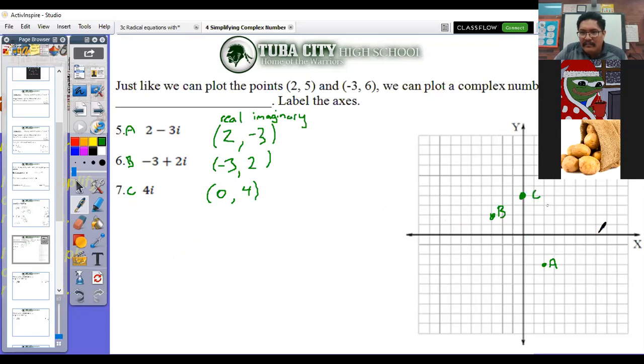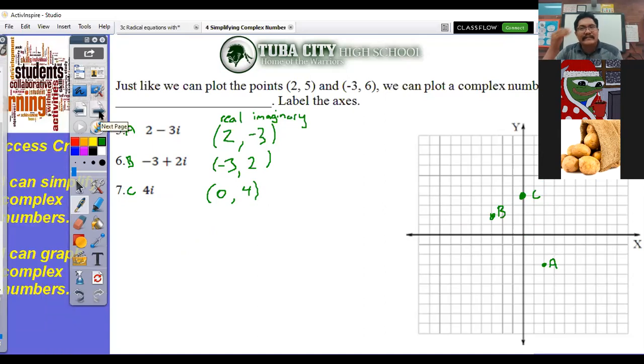So we're going to label that point C. Okay, and that's it for that one.